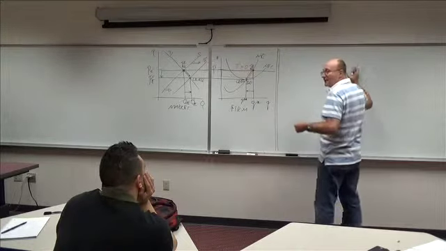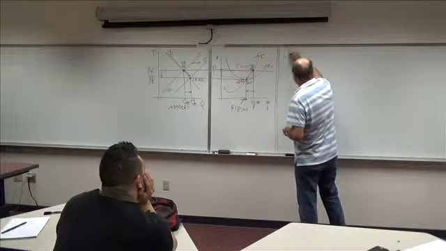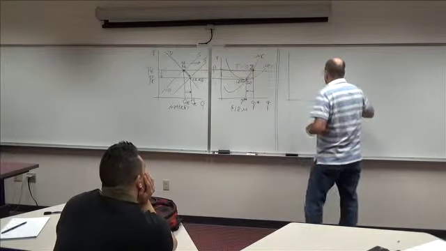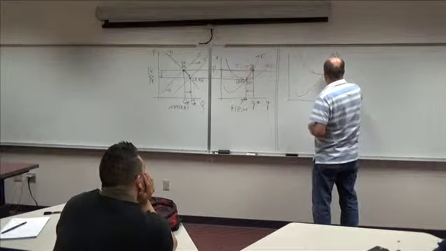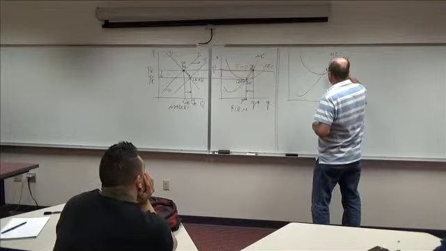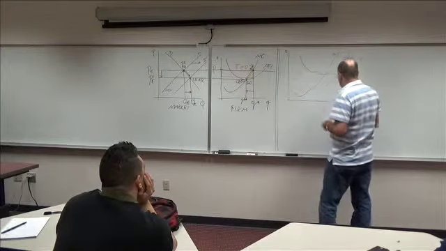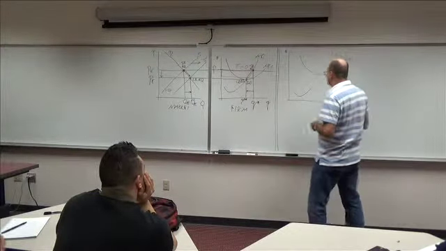So, consider a different firm and a different industry, okay? This is a firm with marginal cost, average total cost, dollars, quantity.